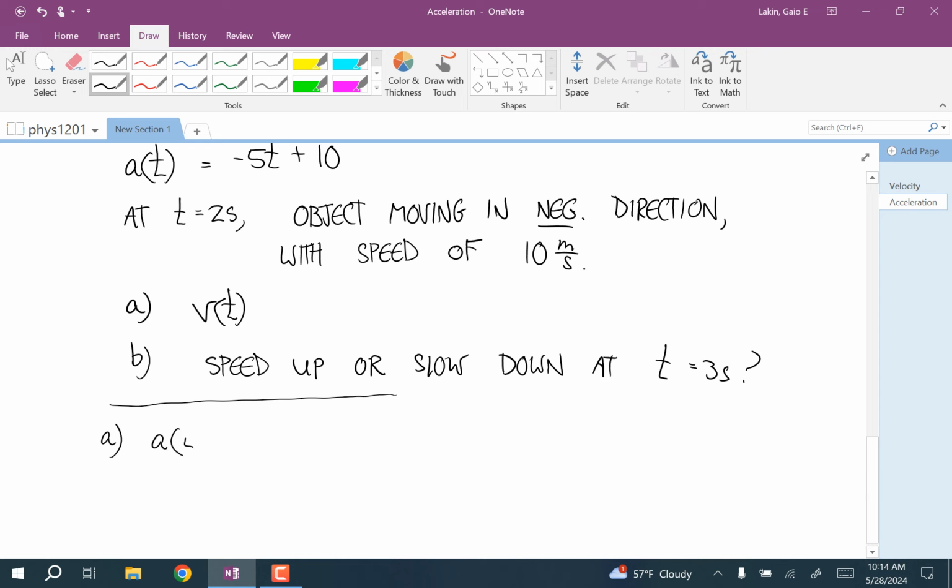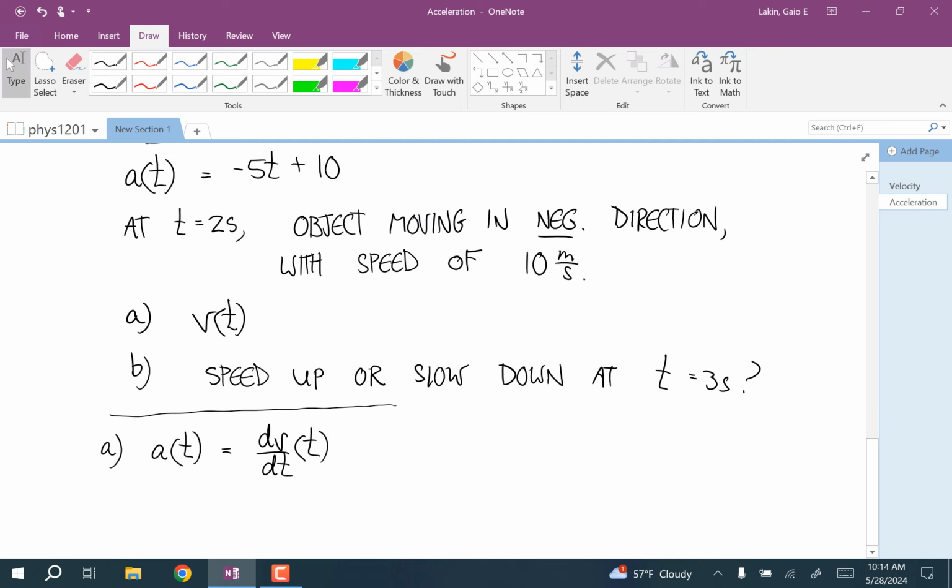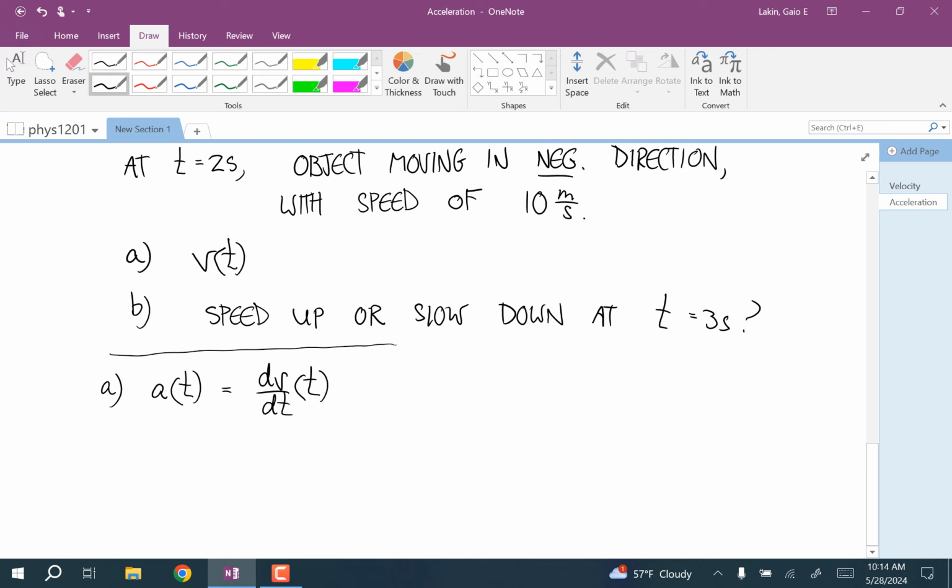We have this derivative relationship that says the acceleration is the derivative of the velocity, which means that if we want to go from the acceleration to the velocity, we have to use an integral. So the velocity as a function of time is the integral of the acceleration with respect to time.